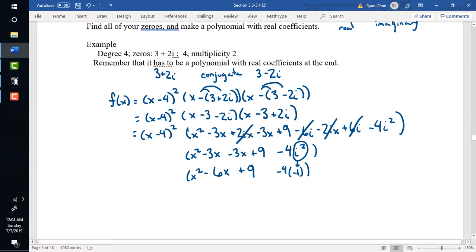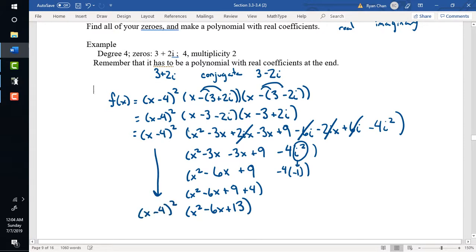And then I realize -4 times -1 is +4. As you can see, all my i's disappear, so that is a good sign. So I have x squared minus 6x plus 13, and I have x minus 4.